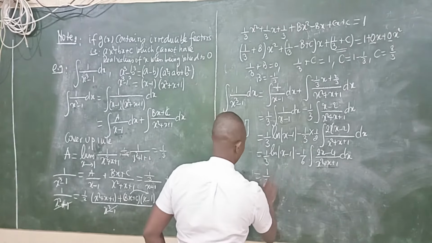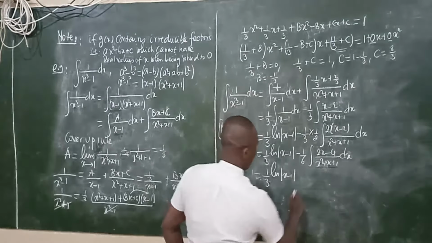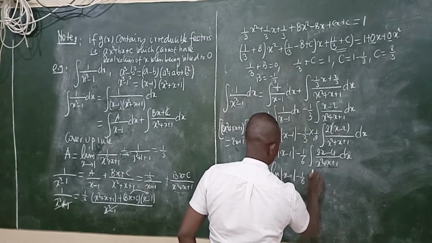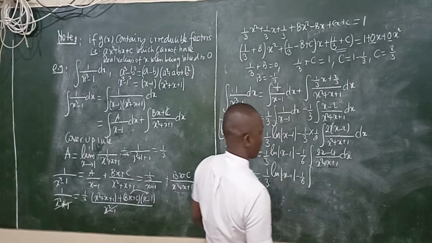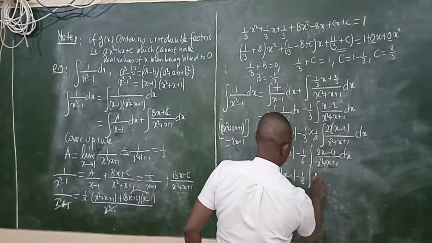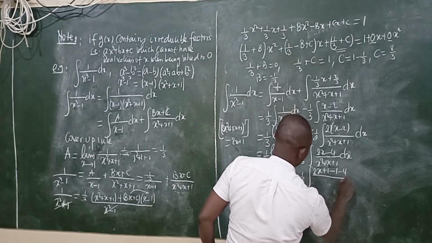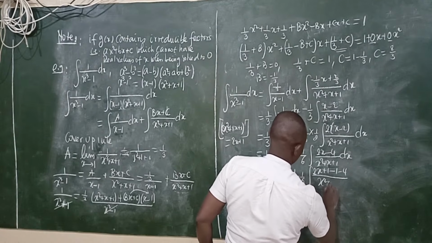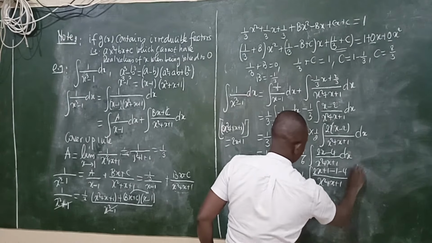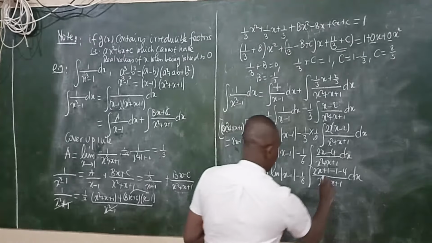This is 1 over 3 ln of x minus 1 minus 1 over 6 times the integral. We are going to add 1 here and subtract it. Here is 2x plus 1 minus 1 minus 4 by x squared plus x plus 1 dx. Okay, now I'm going to have this.